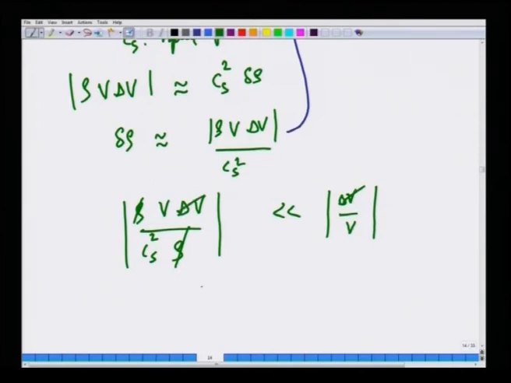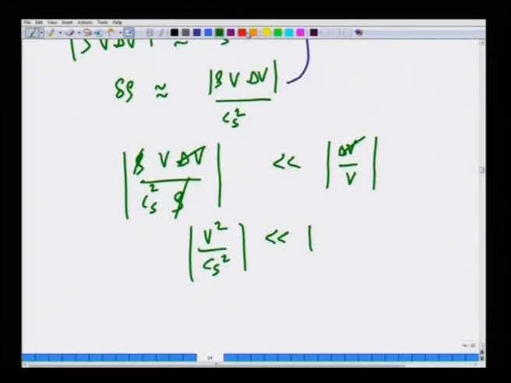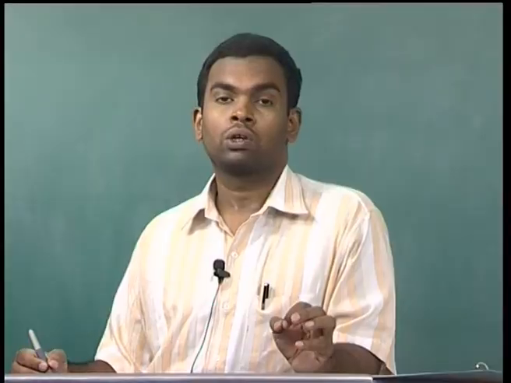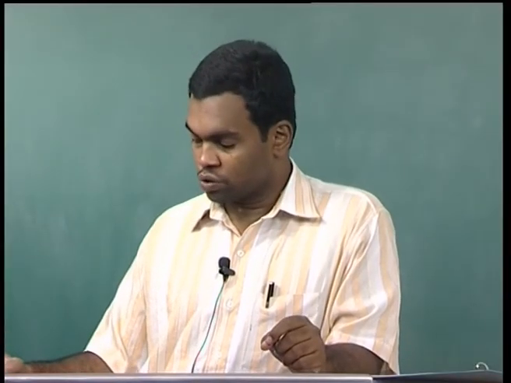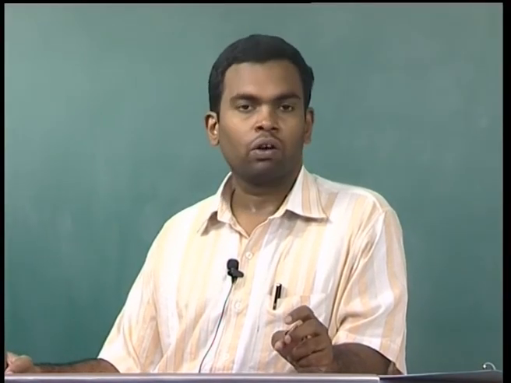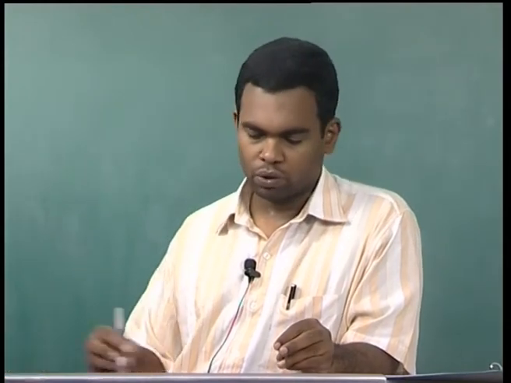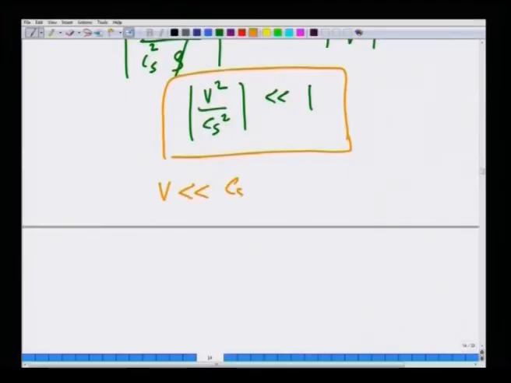So, we will get that v squared by Cs squared, the magnitude of that, is very small compared to 1. So, when the flow velocities are very small compared to the speed of sound, then density is approximately a constant. It is independent of the pressure changes in a flow, which cannot cause sufficient density changes. So, when can that happen? When the velocity of the flow is very small compared to the speed of sound. So, when v is small compared to the speed of sound, you can treat the flow to be incompressible.